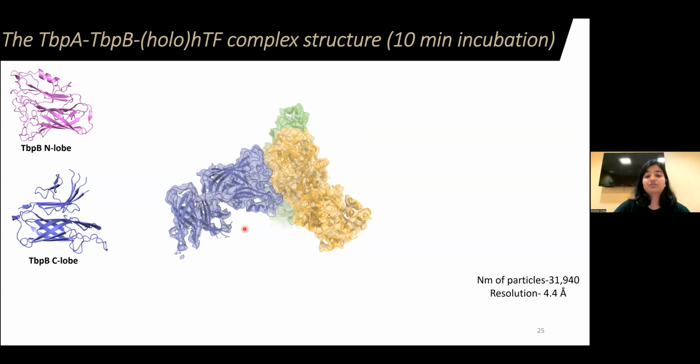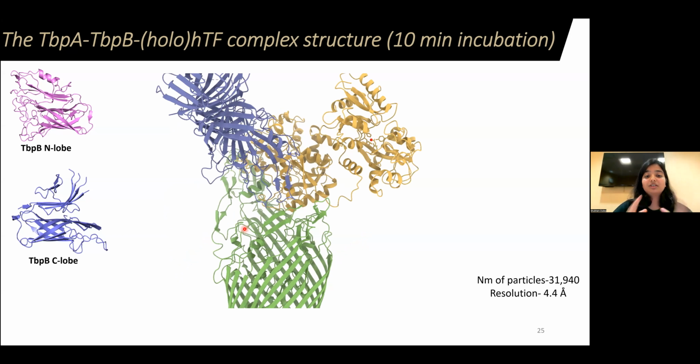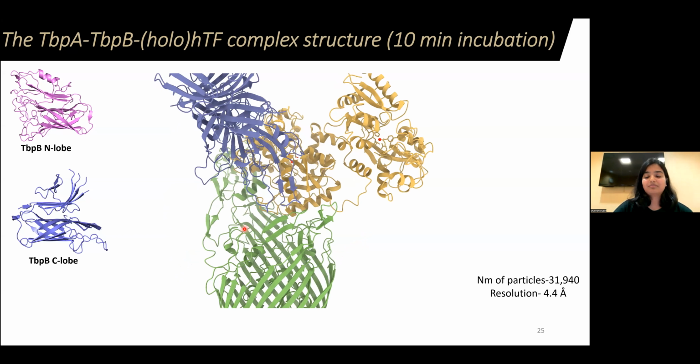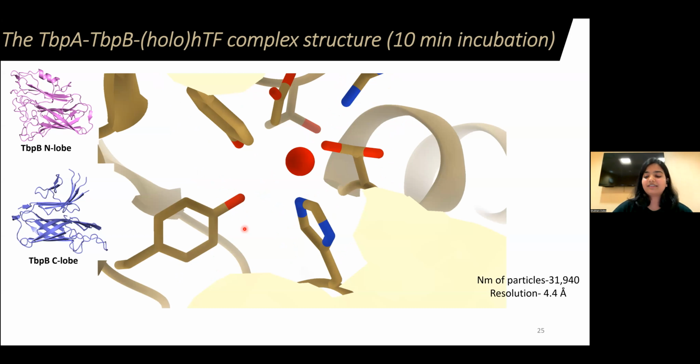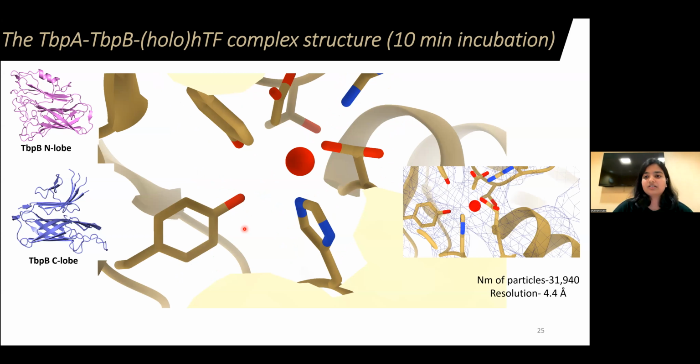So the N lobe was closer to transferrin. And when we zoomed into the cavity, into the space, we saw iron there. All the coordination sites were intact and present there. And if you just put the density on, this is how the density looks at a very low contour. So yes, we got the iron in the end.